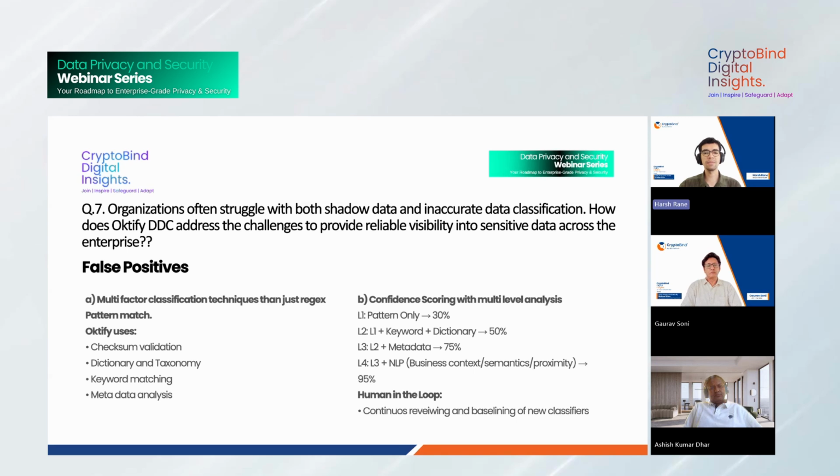Once this visibility has been established, organizations can gain a much more accurate understanding of their data landscape. It allows them to prioritize remediation efforts, enforce governance policies, and reduce the attack surface associated with shadow data.